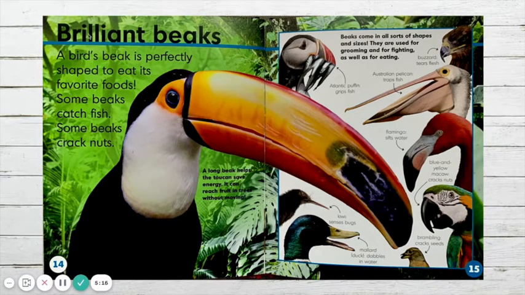If our heading says brilliant beaks, what do you think that these 2 pages are going to be about? That's right. They're going to be about different types of bird beaks. And why do you think the author decided to write brilliant beaks instead of just beaks?